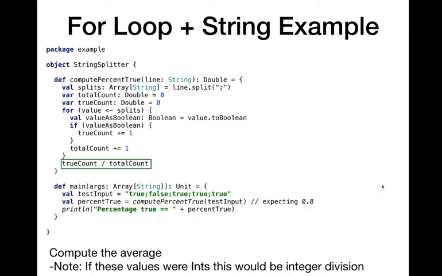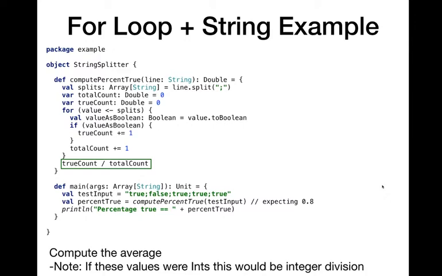Divide. So I have to be careful here because the total count and true count, while these are always going to be integer whole number values, I still have to be careful when I get to this division. I don't want this division to be integer division. If I'm doing this with integers, if those are both ints, this will be integer division, which is going to return an int.